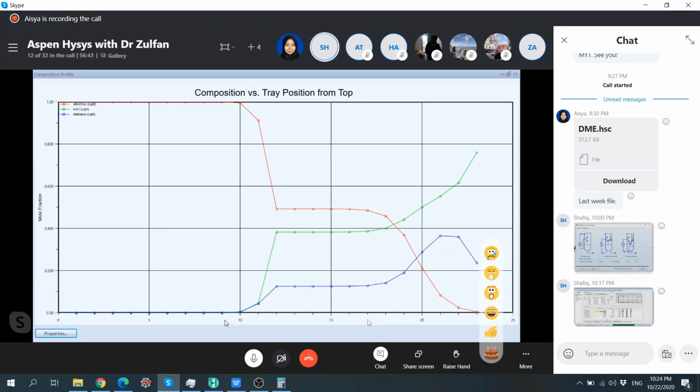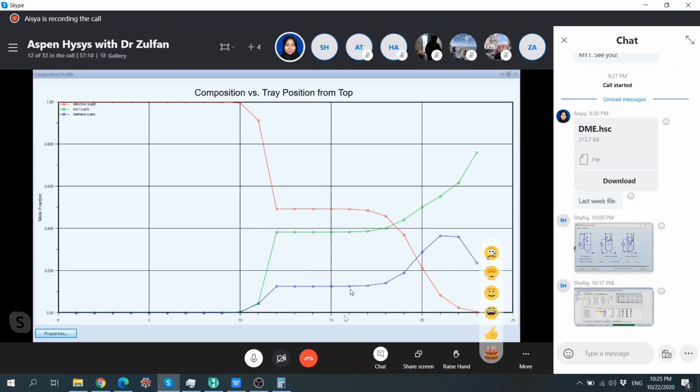The feed location is stage number 12. So we can remove 9 stages at the top, and roughly 4 stages below the feed stage. So we are going to cut this column from 22 stages into 9 plus 4, 13. So 22 minus 13 is about, I don't know, how much is that? 9 stages only.